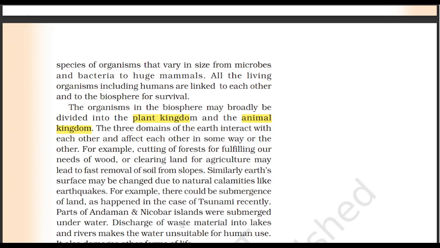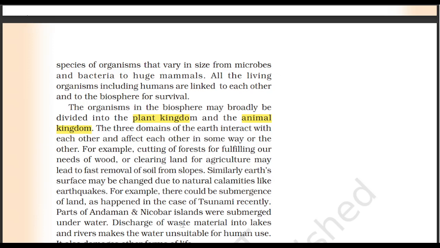Emissions from industry, thermal power plants, and vehicles pollute the air. Carbon dioxide is an important constituent of air. Means these are all harmful, but an increase in the amount of carbon dioxide leads to an increase in global temperature.